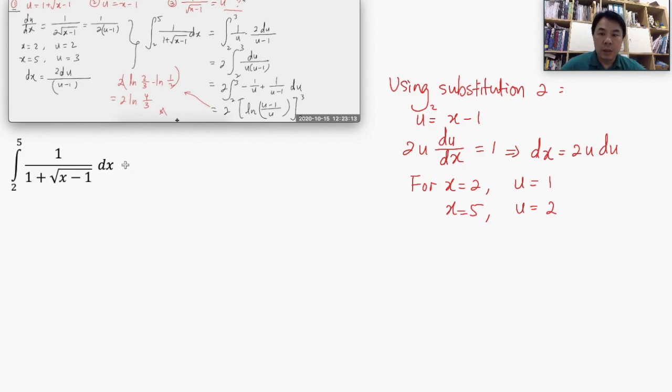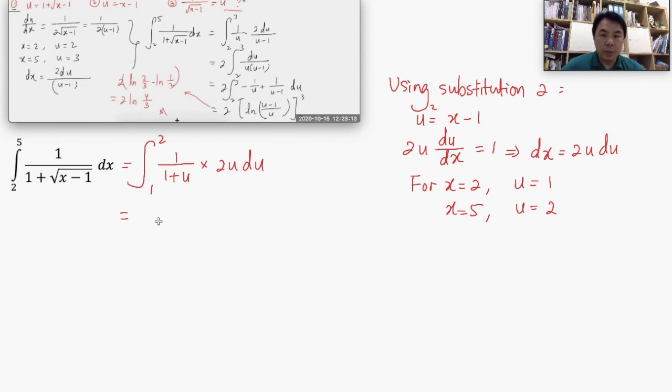Here we will have 1 over 1 plus u, because the square root of x minus 1 is actually u. And then dx is 2u du. The lower boundary and upper boundary are 1 to 2.